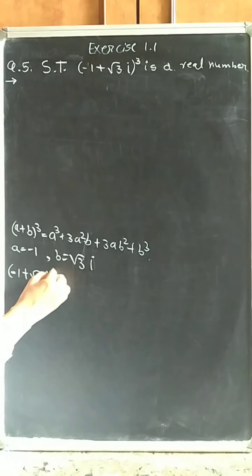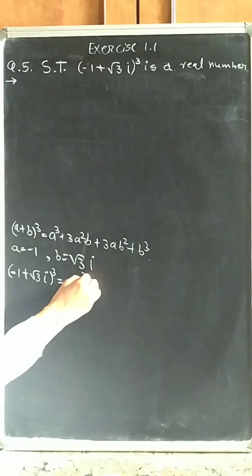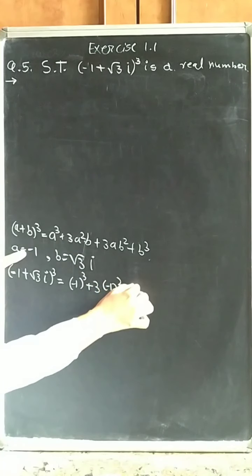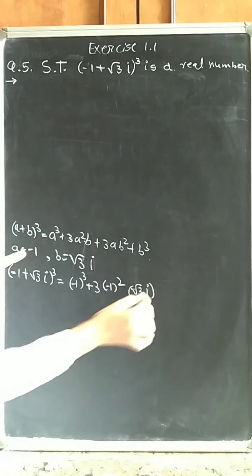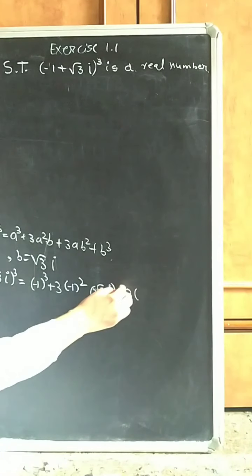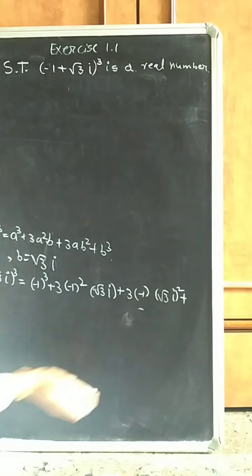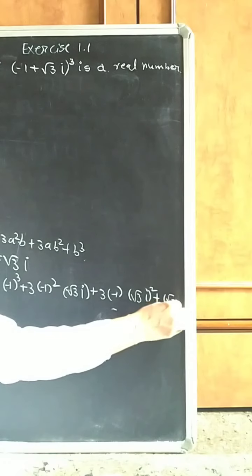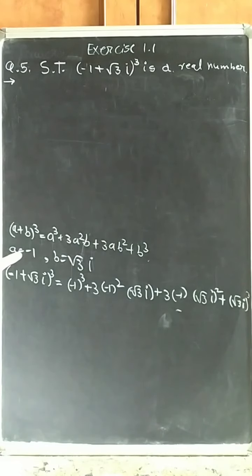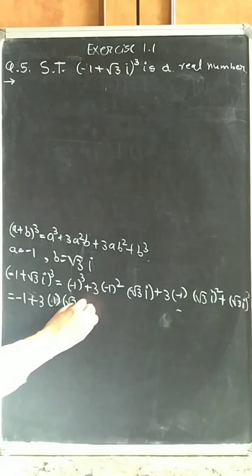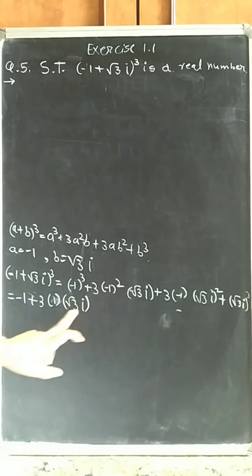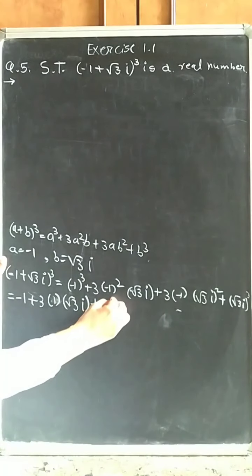(Minus 1 plus root 3i) cube equals a cube, minus 1 cube, plus 3 a square, minus 1 square, b, root 3i, plus 3ab square, a is minus 1, b is root 3i square, plus b cube, root 3i cube, which is equal to minus 1 cube is minus 1, plus 3 into minus 1 square is 1.